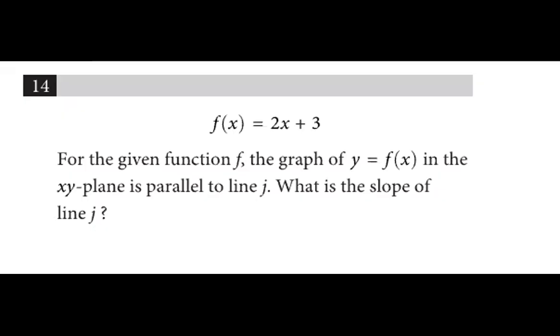What is the slope of line j? Well, parallel means they both have the same slope. This function has a slope of 2, so line j must also have a slope of 2. So the correct answer is 2.